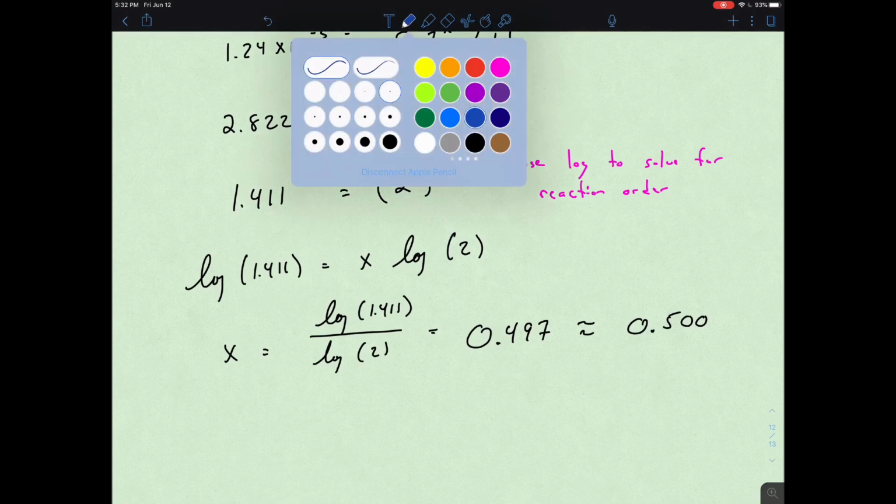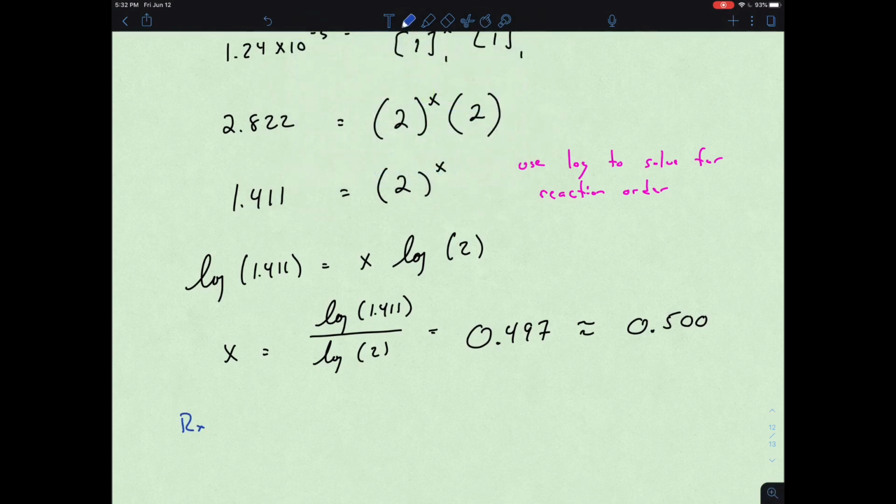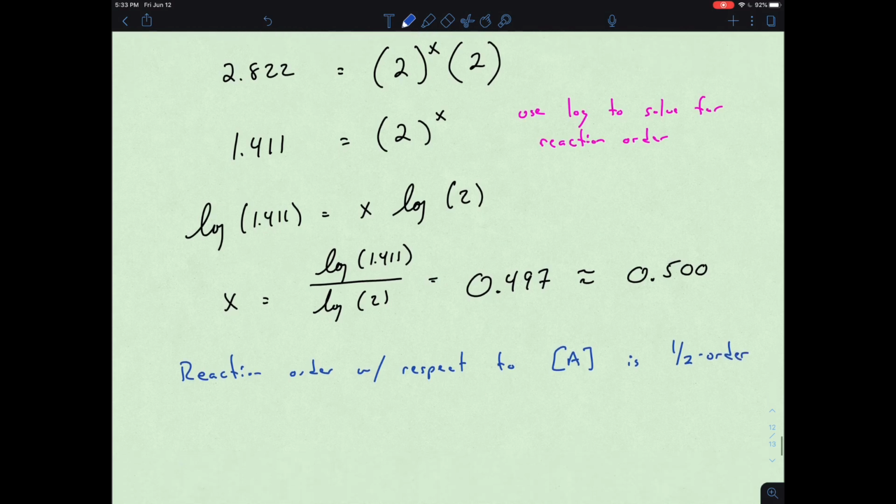So the reaction order with respect to molecule A is half order.